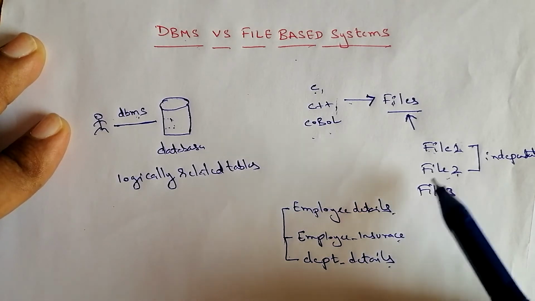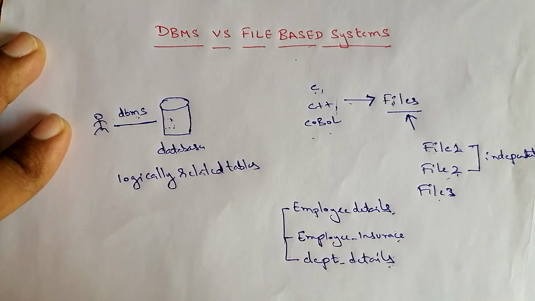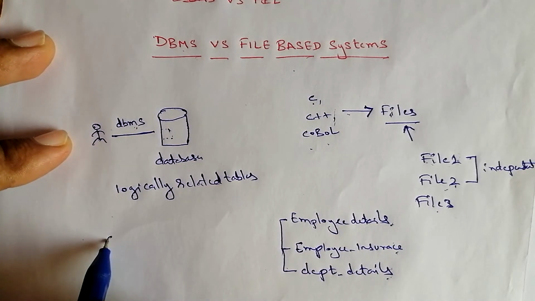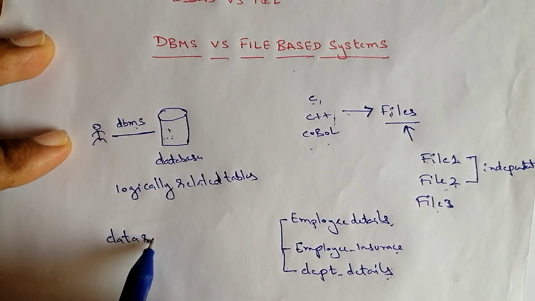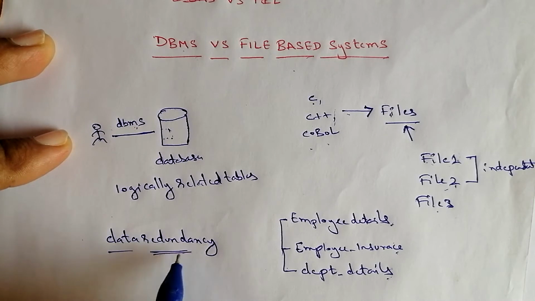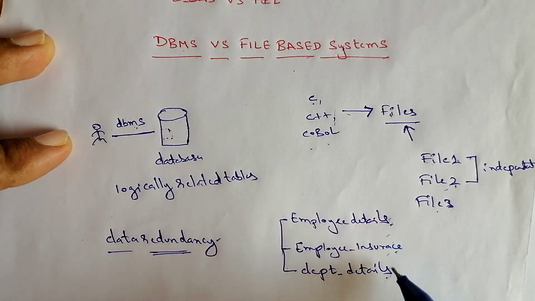So the same data can be replicated in multiple files, and this is called data redundancy. It is a problem of the file based system.